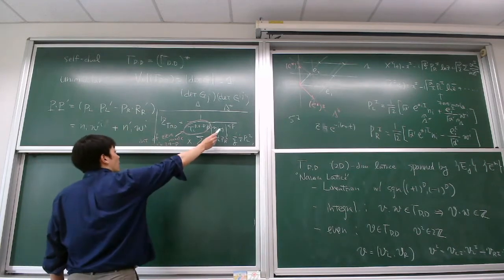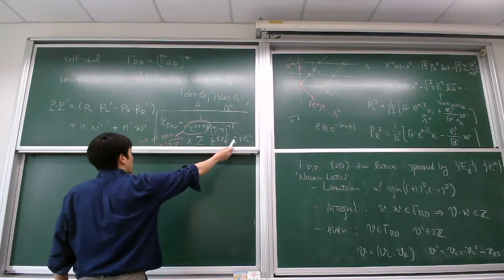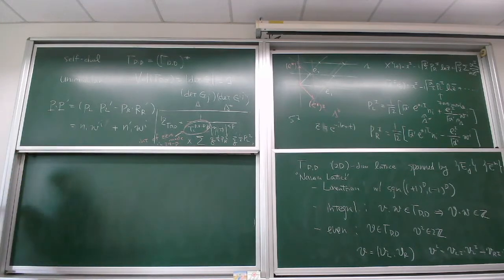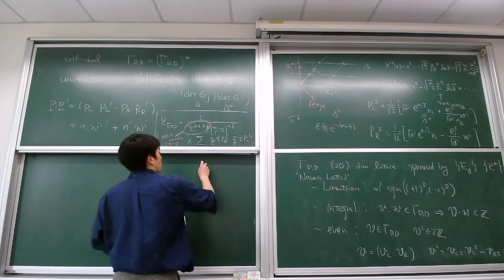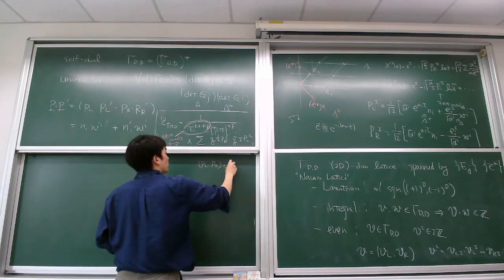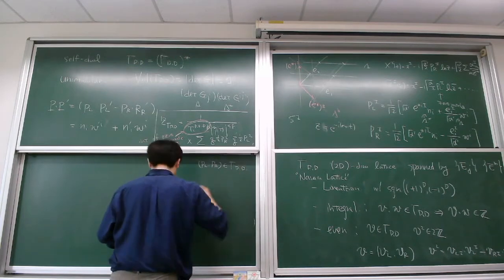And this is the counting of bosonic modes, and this is the internal momentum. You have to sum all this. So essentially, implicitly it's a sum over the Narain lattice.